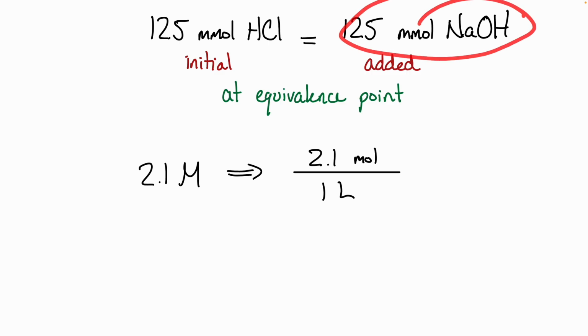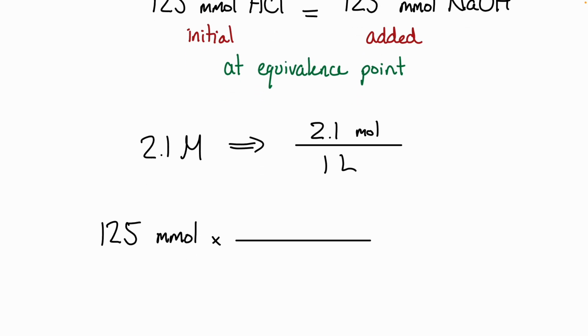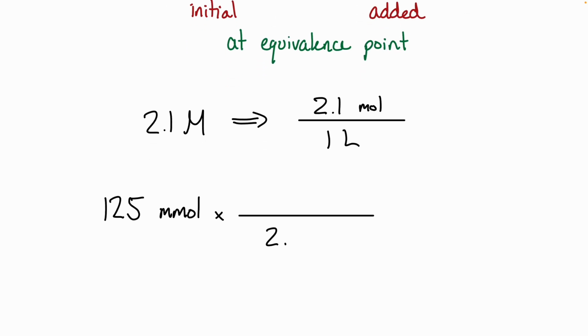All right, and since I know how many millimoles of this NaOH I've added, I'm going to use my conversion factor here, but I need to cancel out those units of moles, so I'm going to divide by that concentration. All right, so let's punch this into our calculator, 59.5.